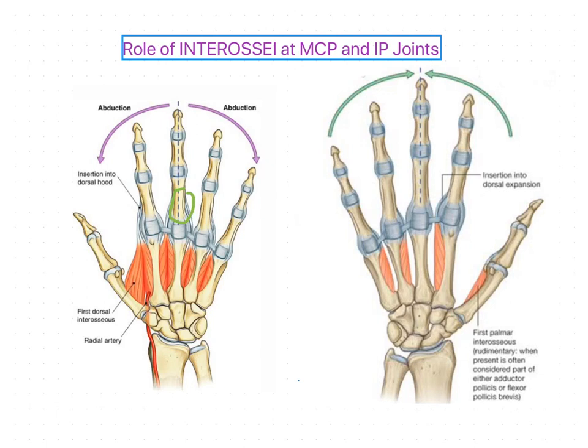Proximal interossei will have their predominant effect at the MCP alone, while the distal interossei will produce predominant action at the IP joints, and also have some effect by the continued action at the MCP joint. Okay, these are the functions of the interossei.